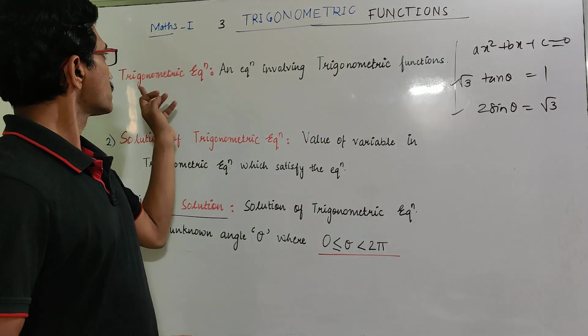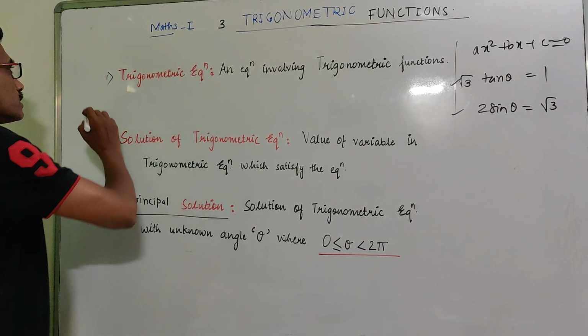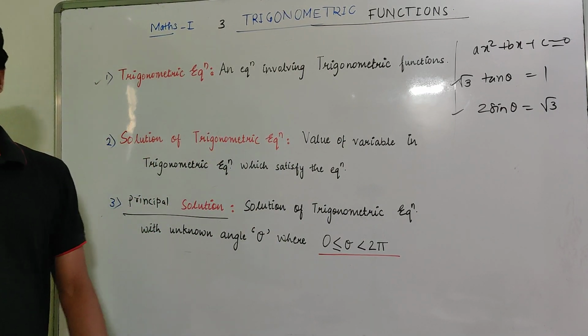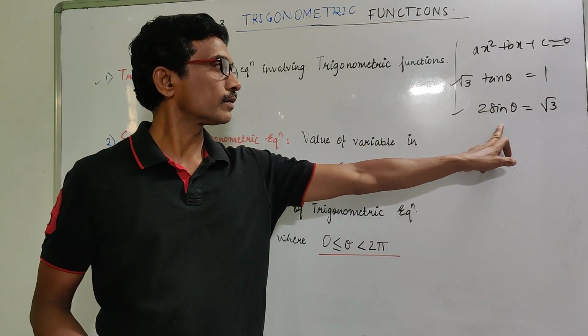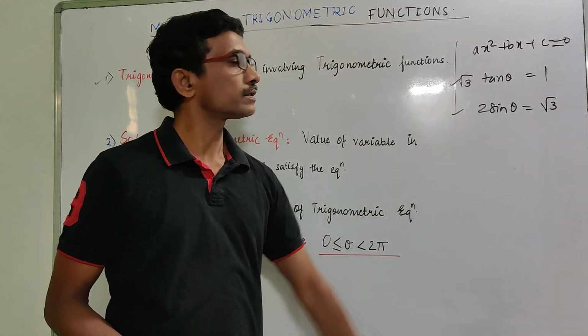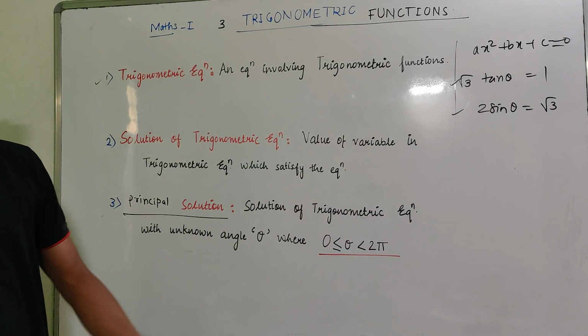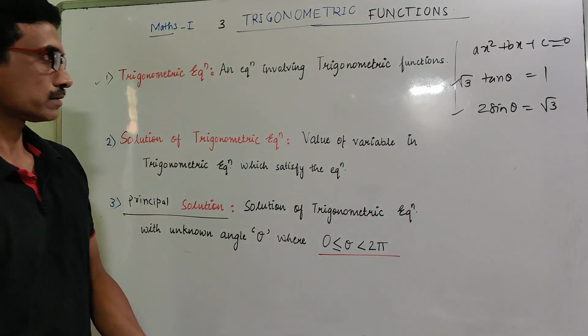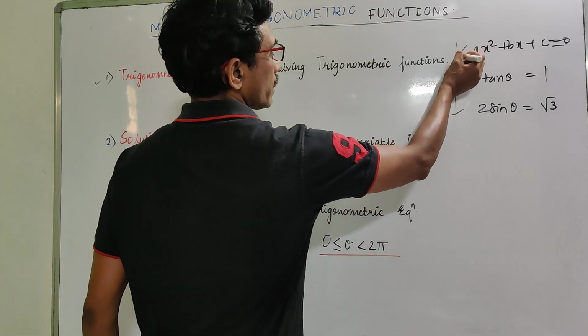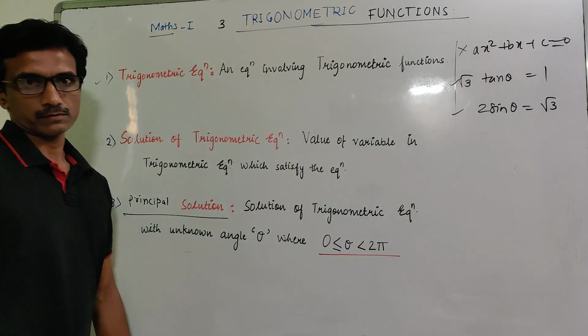That is our first definition. Whereas this is not a trigonometric equation, it is a simple algebraic equation. So this is not a trigonometric equation, this is a trigonometric equation.